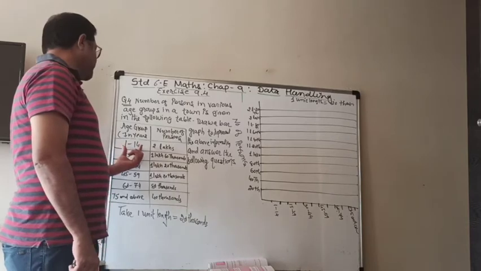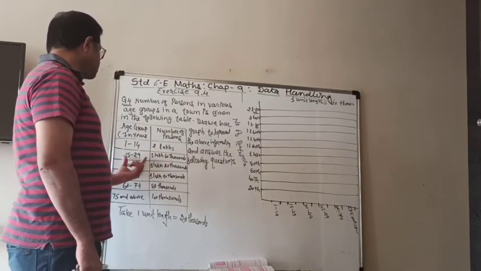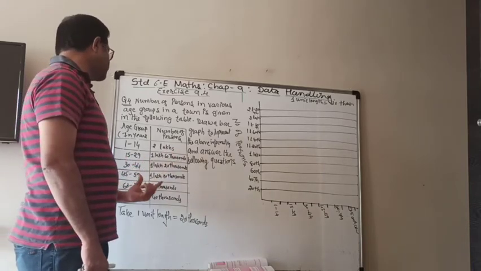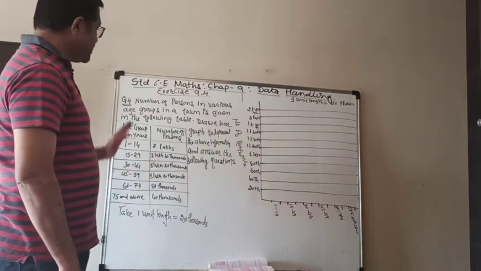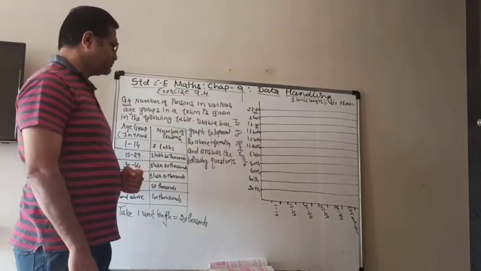Like in 1 to 14 years, there are 2 lakh people. In 15 to 29 years, there are 1,60,000 and so on. So now we have to represent the data on a bar graph.